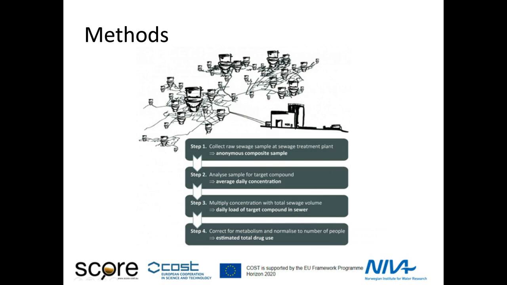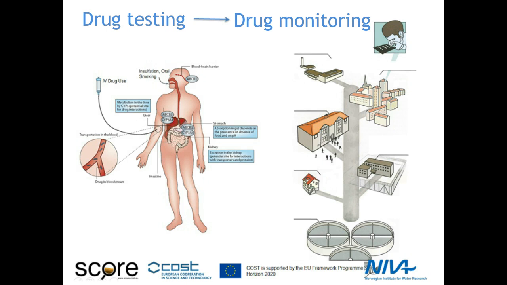So we'll assume that we've collected our sample, that we've followed the guidelines by SCORE or other people looking into this, and you've got yourself a representative sample of wastewater. We then go and analyze it. How do we analyze these samples? Well, this goes back to our analogy with forensic toxicology, urine analysis, and it follows very clearly.